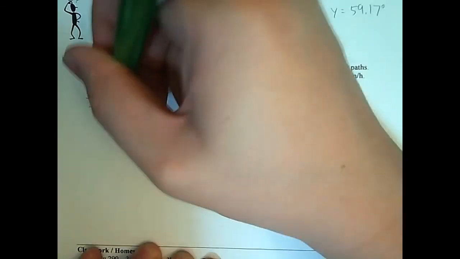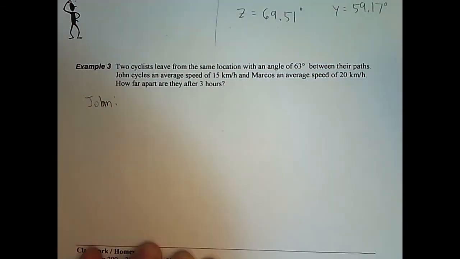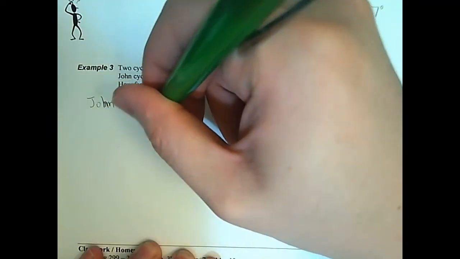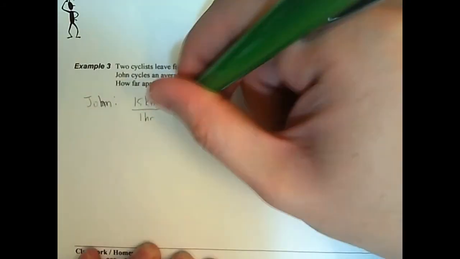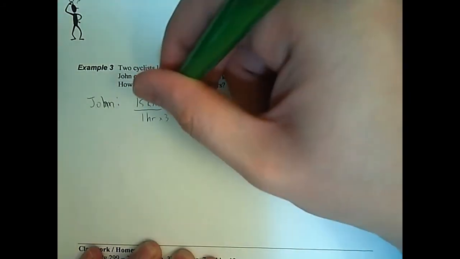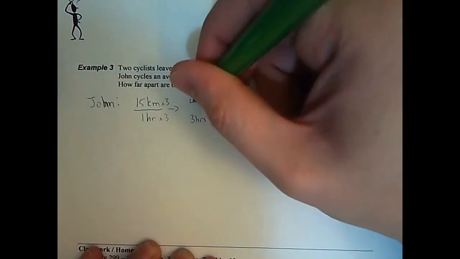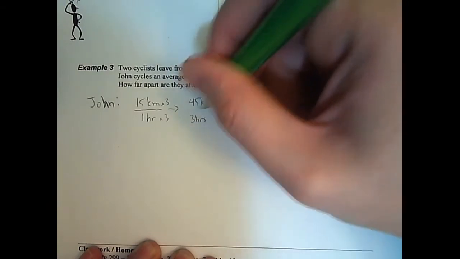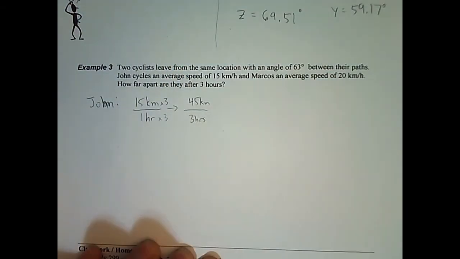So if we have John, and he's traveling at 15 kilometers per hour, per 1 hour, how far would he be at 3 hours? Well, 1 hour times by 3, I would do the same to the top. I would get 45 kilometers after 3 hours.